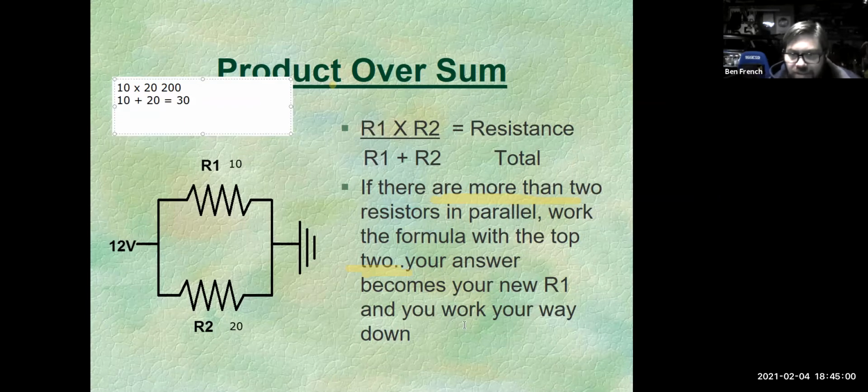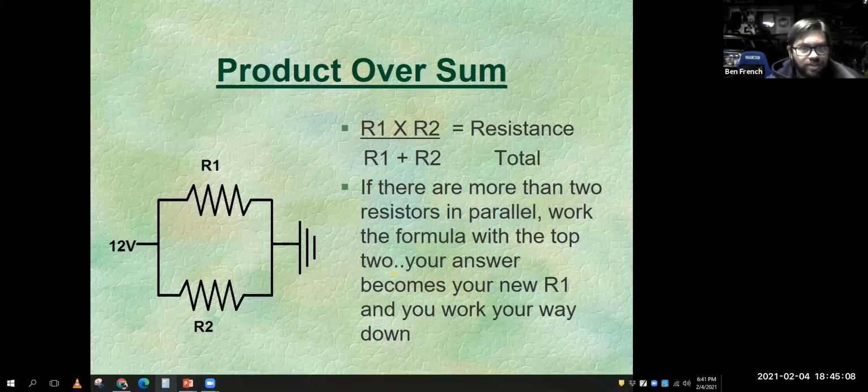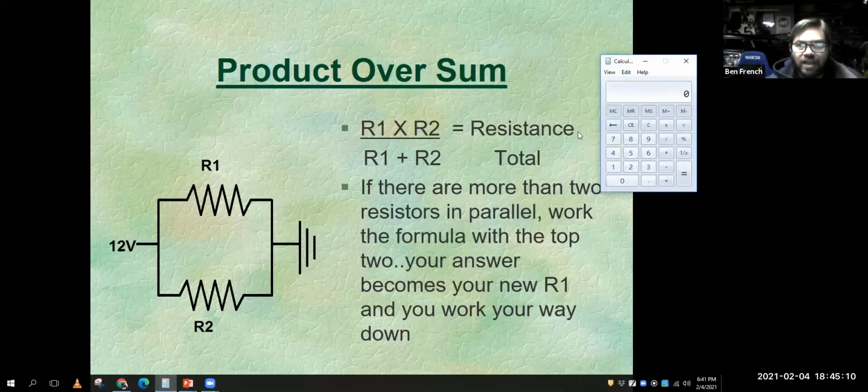Let's see. We will change the screen share. I'm going to do a few housekeeping things. There we go. Now I've got my whole screen sharing, and you can see I've got my calculator up here. So I've got 200 and I divided that by 30. What's my total resistance now? It's 6.66.